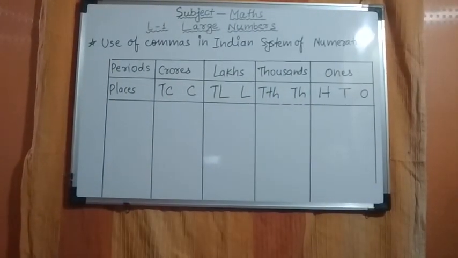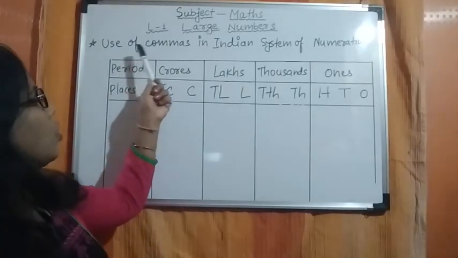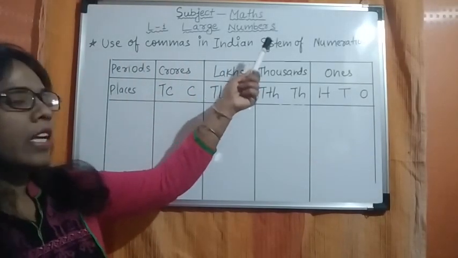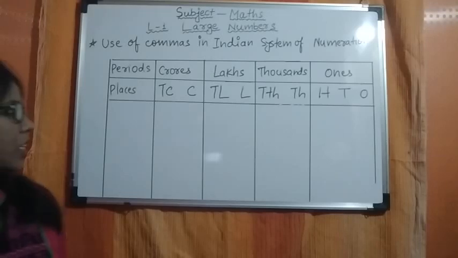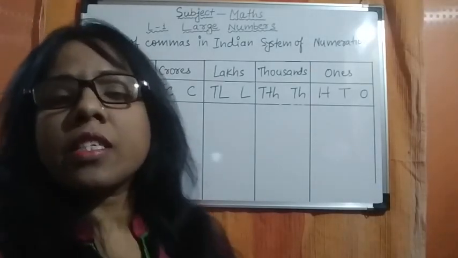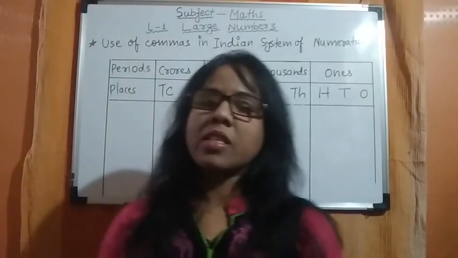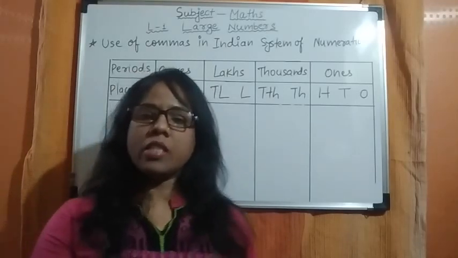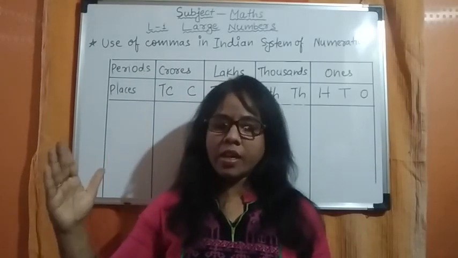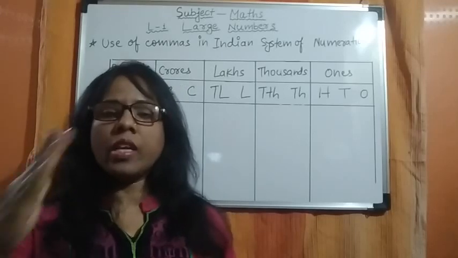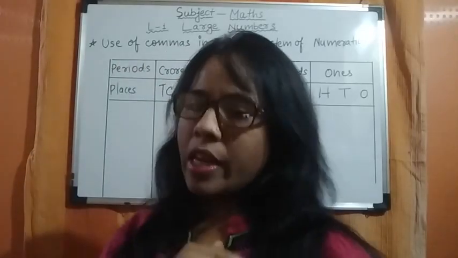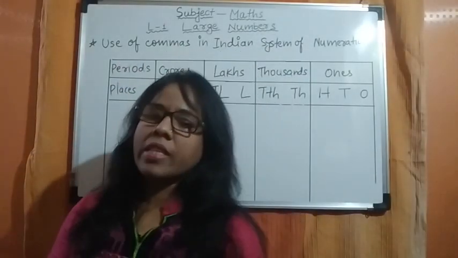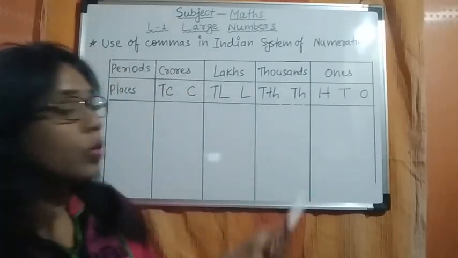Now the third important point is use of commas in the Indian system of numeration. As we have discussed, the Indian system of numeration starts from ones, tens, 100, then 1000, 10,000, then lakh, 10 lakh, then crore, 10 crore. These are the places, and we have divided them into periods.